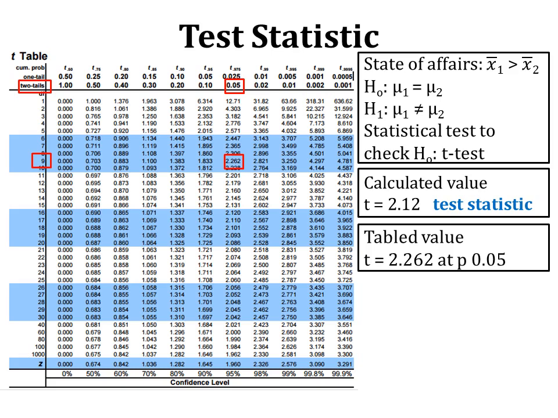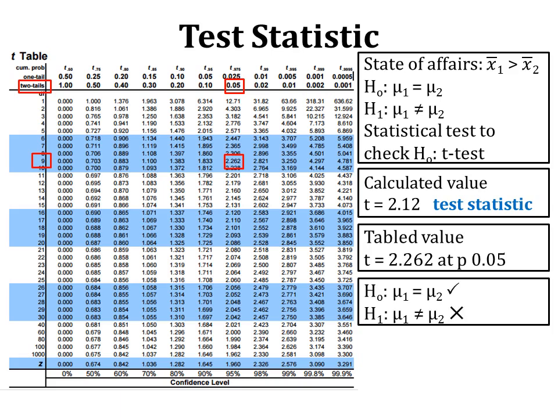So in this case, our test statistic or our calculated value of 2.12 is less than the table value of 2.262 at probability of 0.05. So what should be our result? Should we accept the null hypothesis or should we reject it? Obviously, we're going to accept the null hypothesis because the probability for null hypothesis to be true is greater than 0.05.